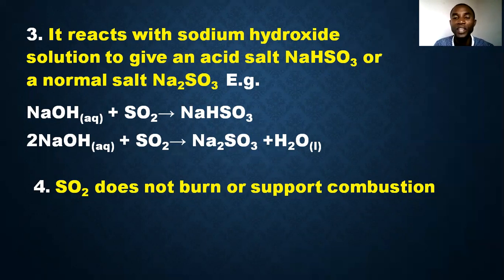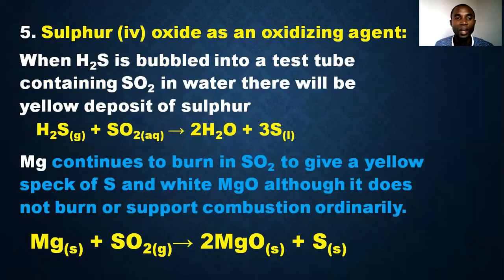Next chemical reaction: sulfur oxide does not burn or support combustion. We need to note that chemically it does not support combustion. Another chemical reaction we need to know is its action as an oxidizing agent: when hydrogen sulfide is bubbled into a test tube containing sulfur oxide in water, there will be a yellow deposit of sulfur.